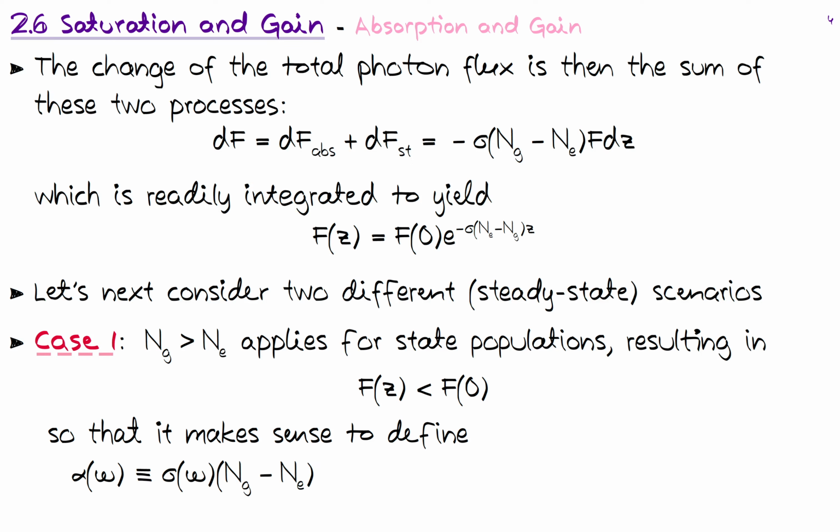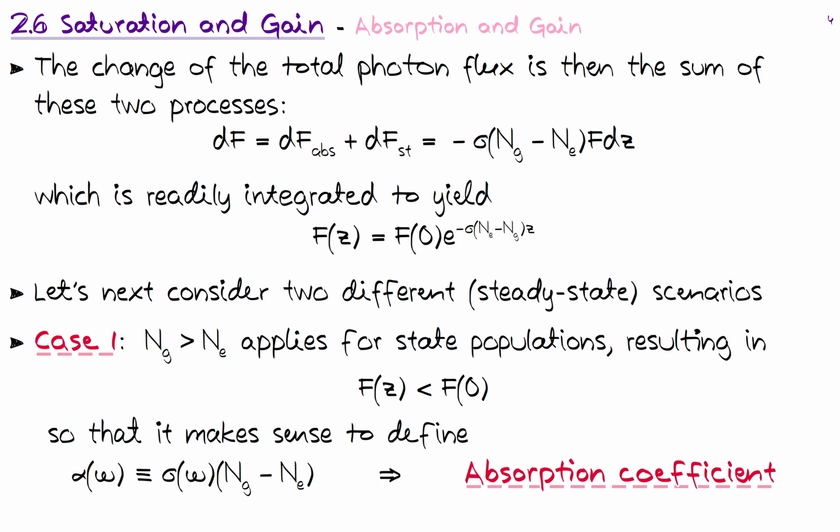That's sigma, the absorption cross-section, times the population difference Ng minus Ne. So basically we are taking this term here and equating it to an alpha term. And in the case that we have more electrons in the ground state than in the excited state, this essentially gives rise to decaying photon flux, so it makes sense to call this the absorption coefficient.